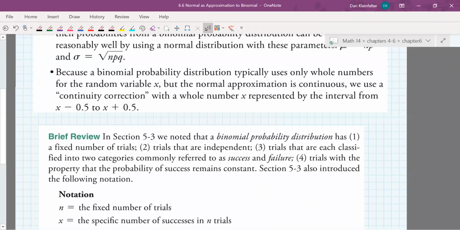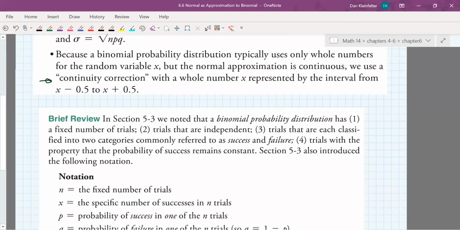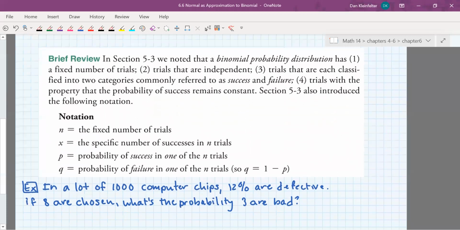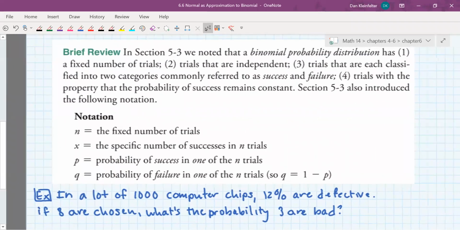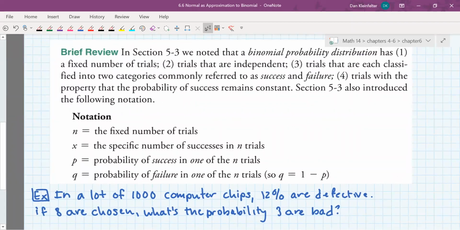But the normal distribution is a continuous distribution, and so if we're going to use the continuous normal distribution to approximate the binomial distribution, there's a little adjustment to make, which we'll talk about when we get there. And that's this idea of a continuity correction that is referred to right here. So before we get into all that, though, it's been a little while, so I want to review the binomial distribution with you, and then we'll actually see how to use the normal approximation.